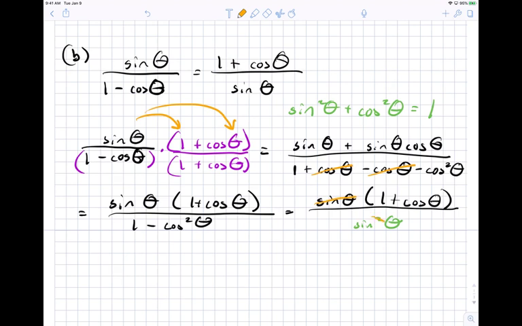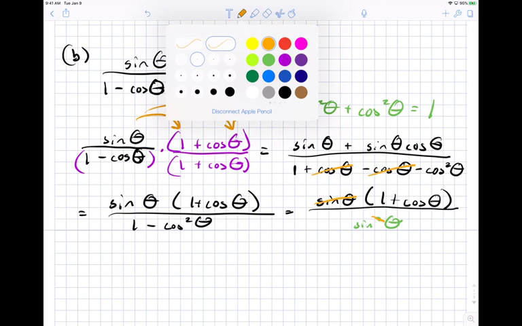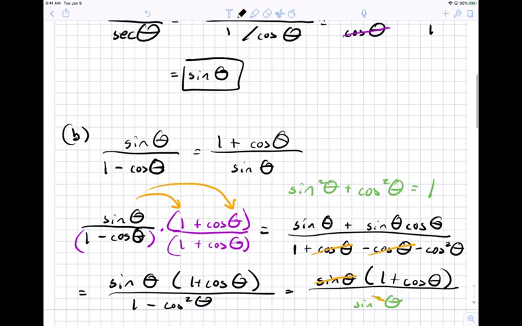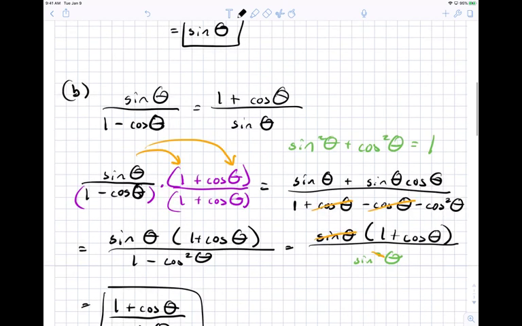So then I think we finished with our desired result. We finish with 1 plus cosine theta divided by sine theta. And I think that's where we wanted to finish if we go back to the original. Yeah, 1 plus cosine theta over sine theta.